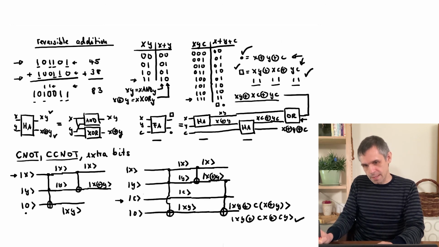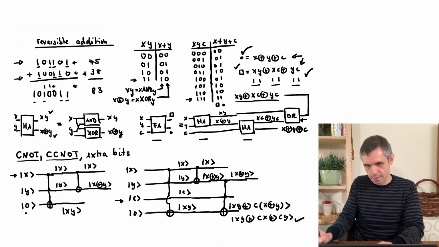These two quantum bits have remained in their state. And we now combine them again by a normal controlled NOT operation. So this changes this state here into x plus y plus c.